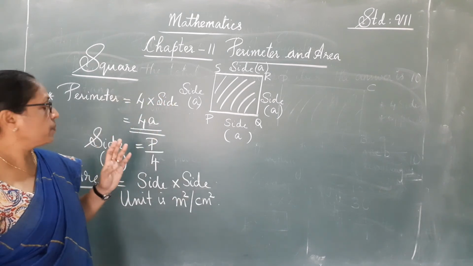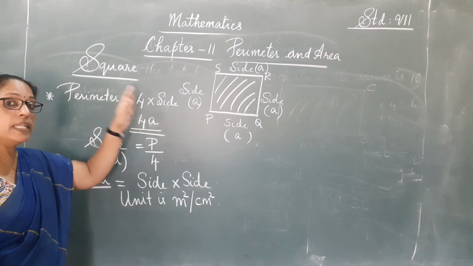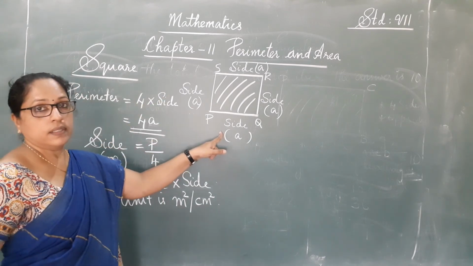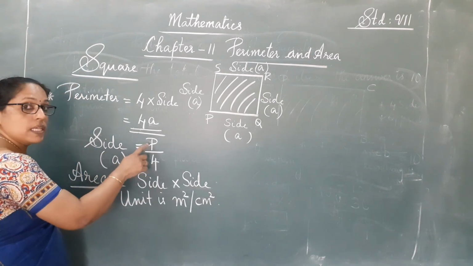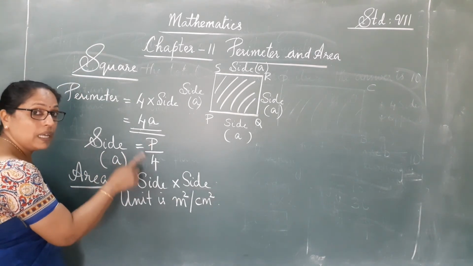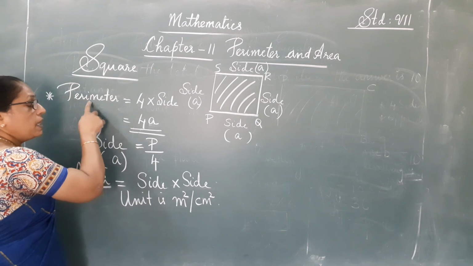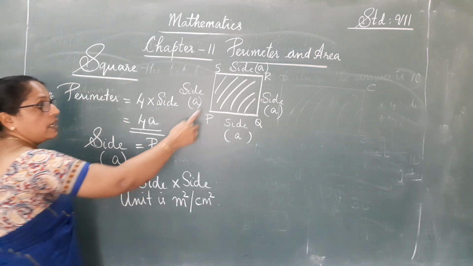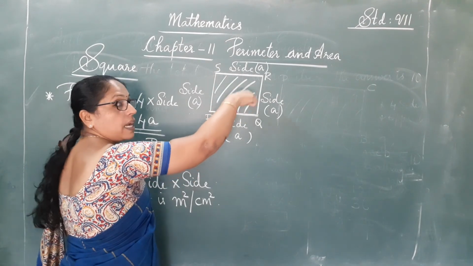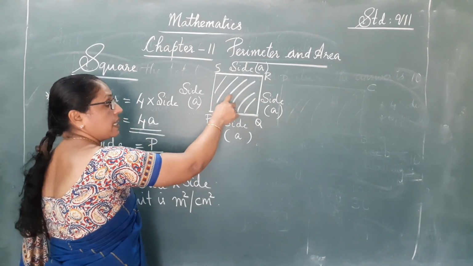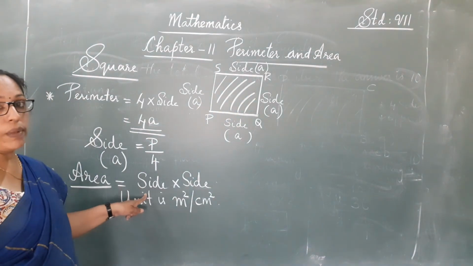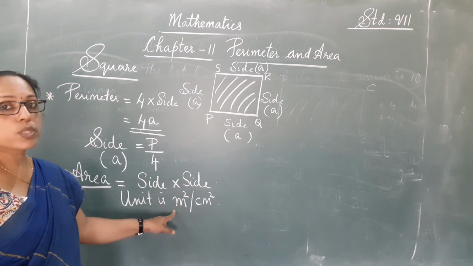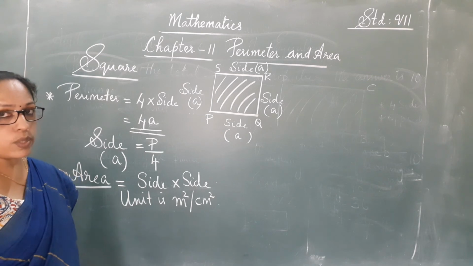Now, when 4 sides make the perimeter, how do you find the side of a square? To find one side, perimeter divided by 4. Then what is the area? Area is the space inside the figure. To find the area, the formula is side into side, and its unit is meter square or centimeter square.